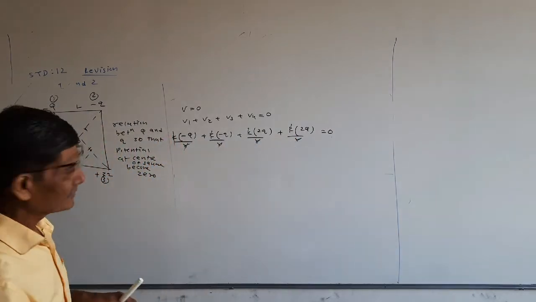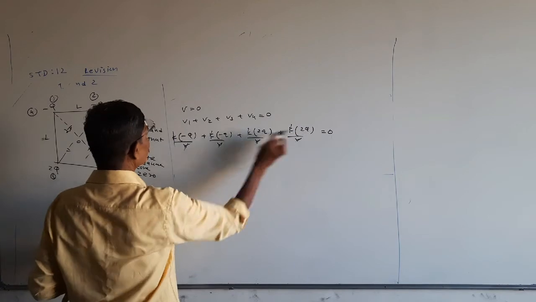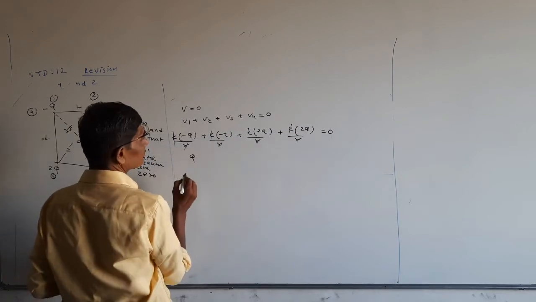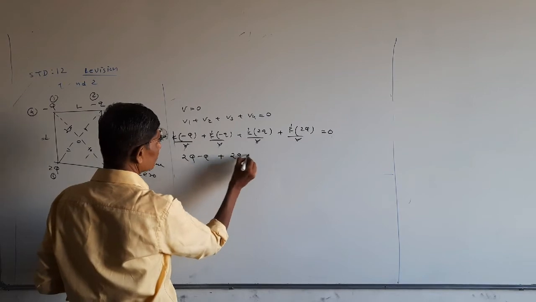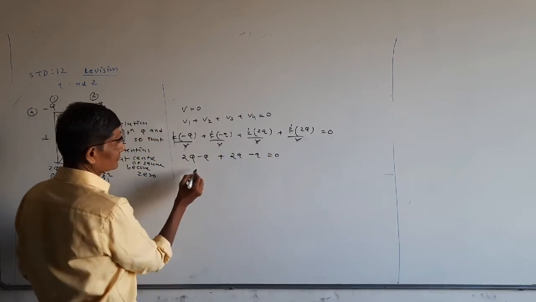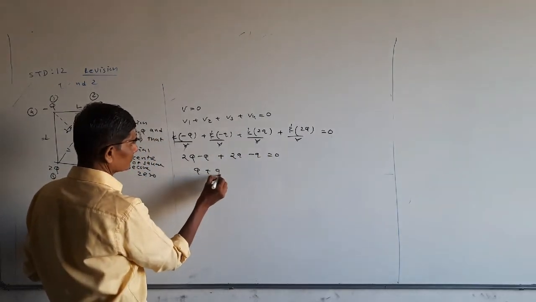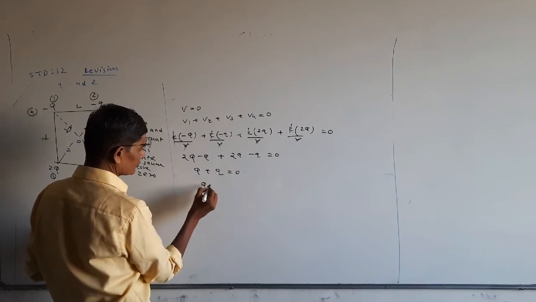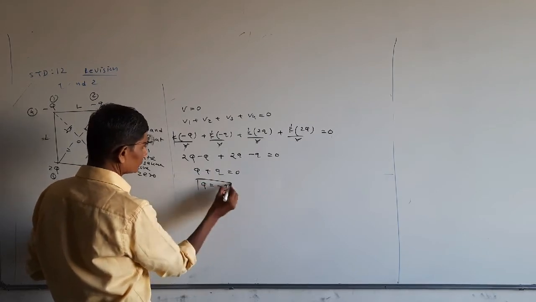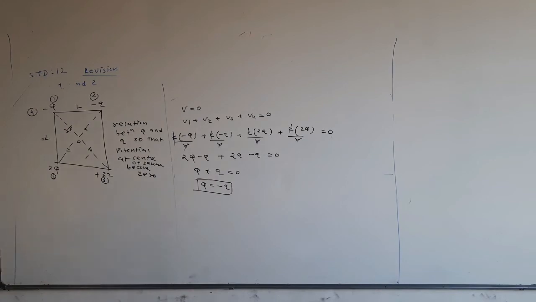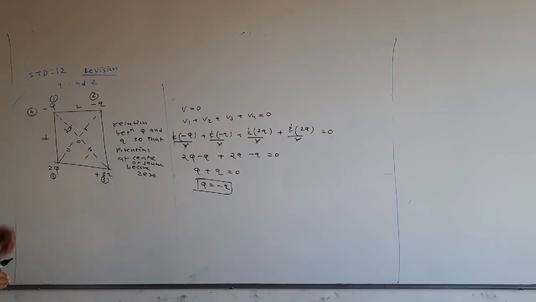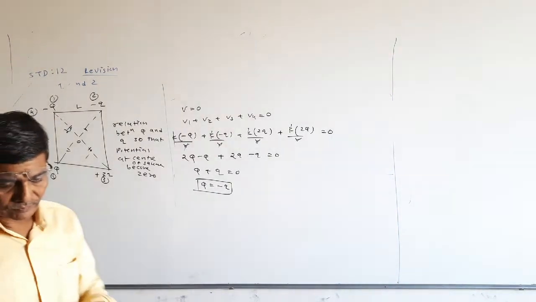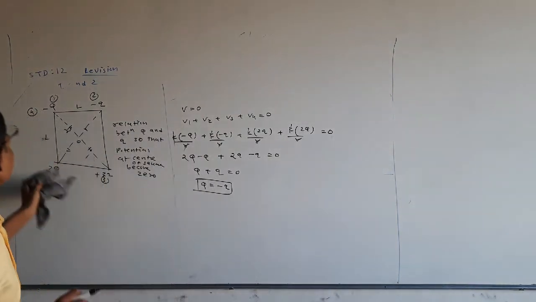Now see, 2Q minus Q plus 2Q minus Q is 0. So there is a relation between capital Q and small q such that the potential at the center of the square becomes 0. So this is how we can solve.